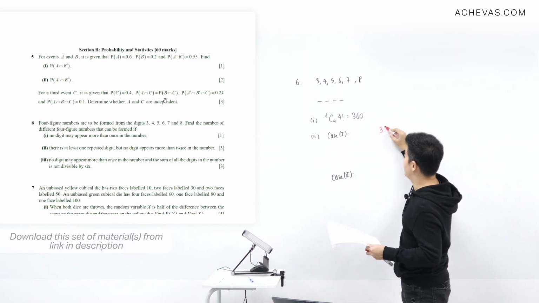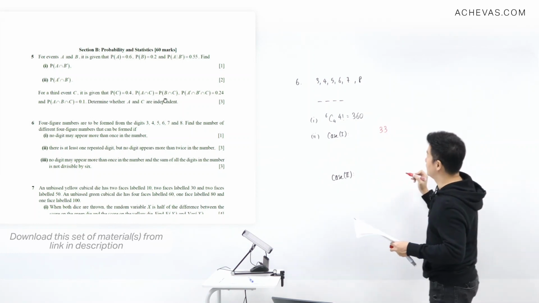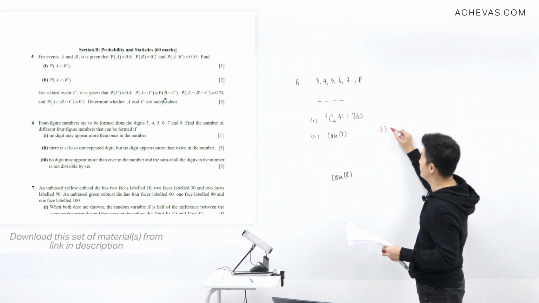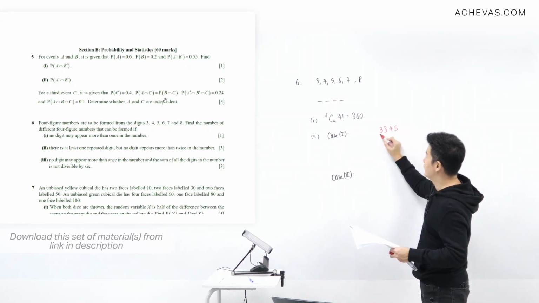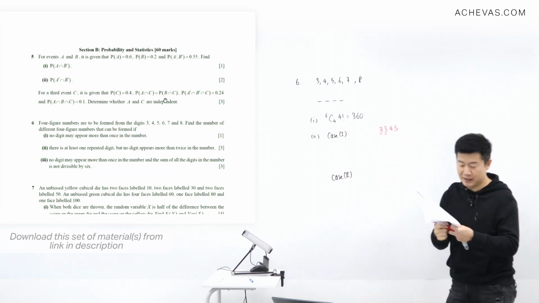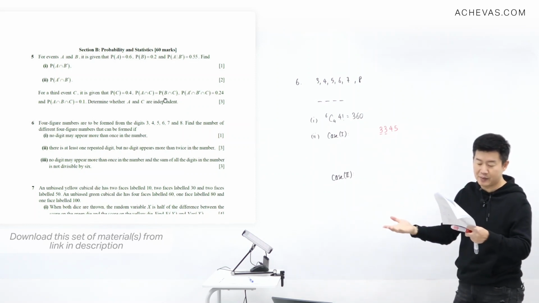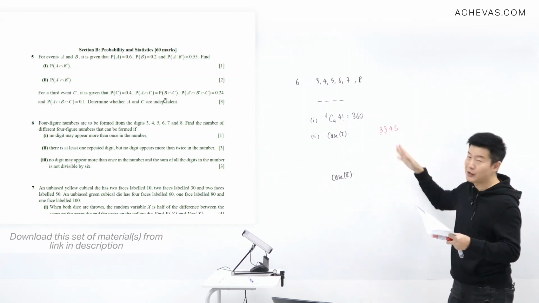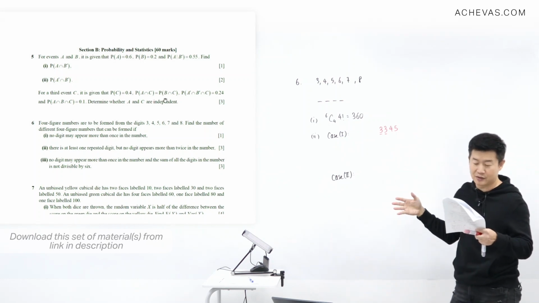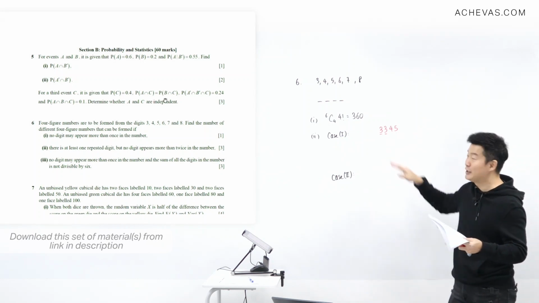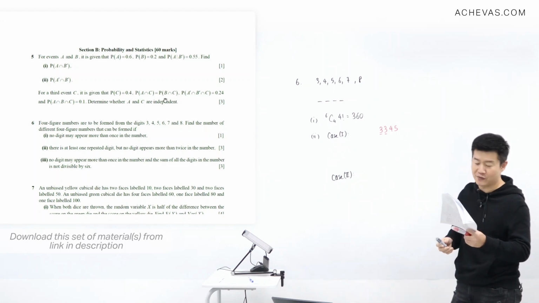So a possible 4-figure number is like 3, 3, let's say 4, 5. So we have at least one number that is repeating, but no digit is going to appear more than 2 times in this 4-digit number.